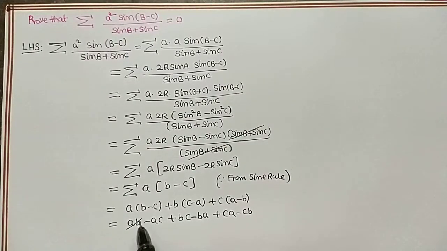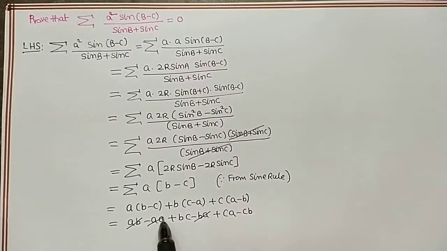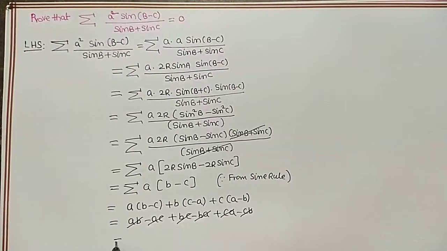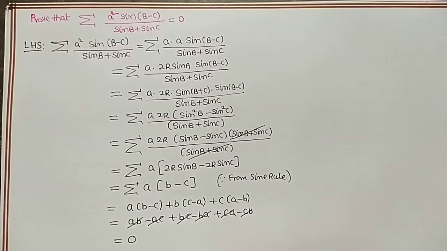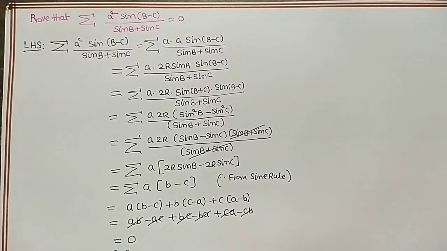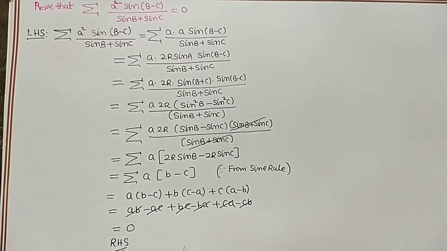So plus ab minus ab cancel, minus ac plus ac, plus bc minus bc, which is equal to 0. Therefore, what they are asking to prove, sigma a square into sin of B minus C by sin B plus sin C, is equal to 0. Hence, proved.